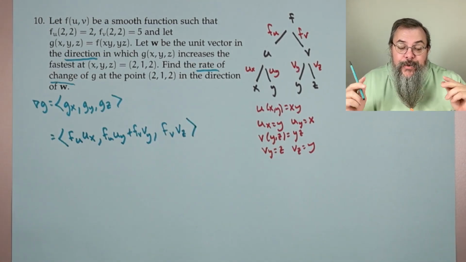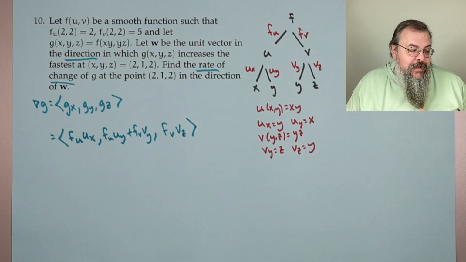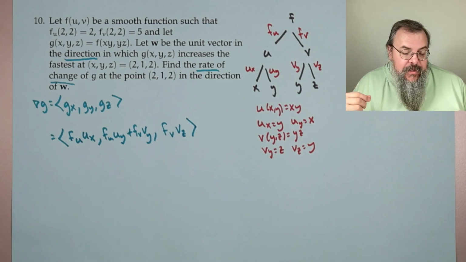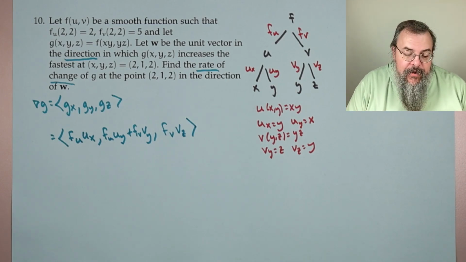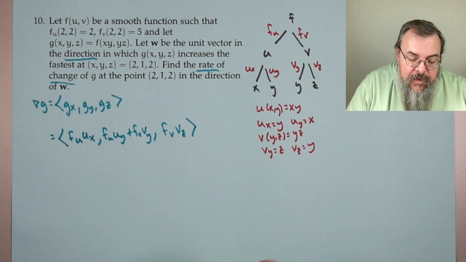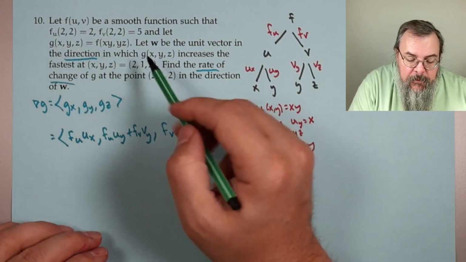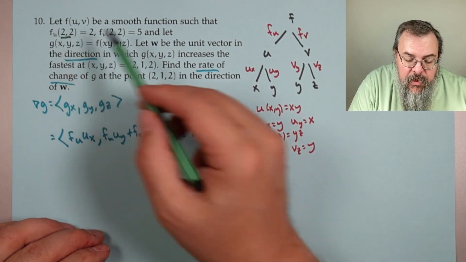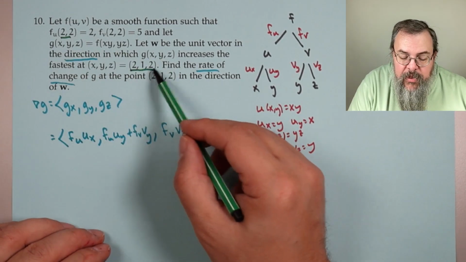Let's get to the point, our point, the point we care about. So, we care about u and v, which we claim is 2, 2, but we also have x, y, z is 2, 1, 2.